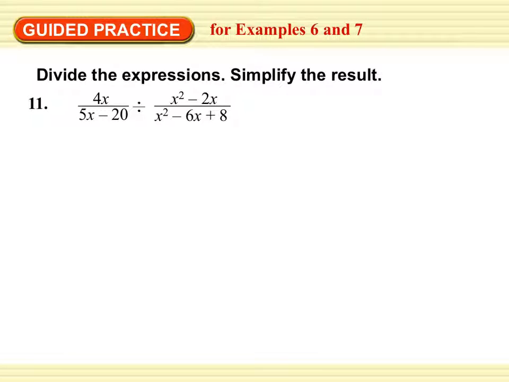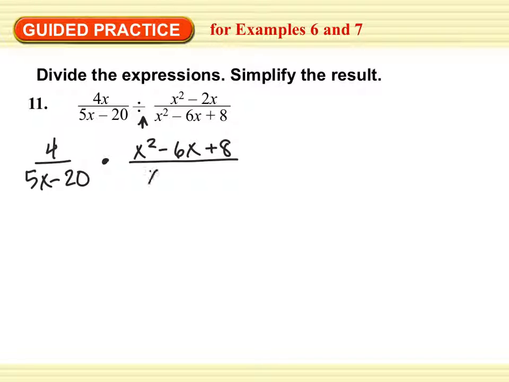Okay, practice a few more. Remember, change that into multiplication by taking the reciprocal. Yes, we need to factor everything also. I'm reciprocaling things first and then I will factor.